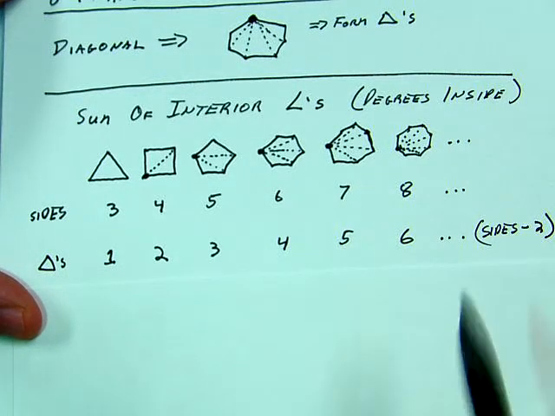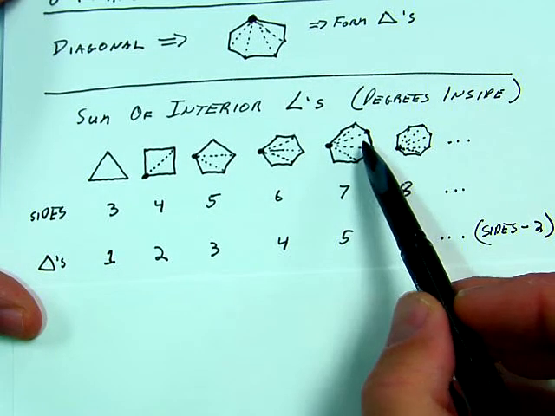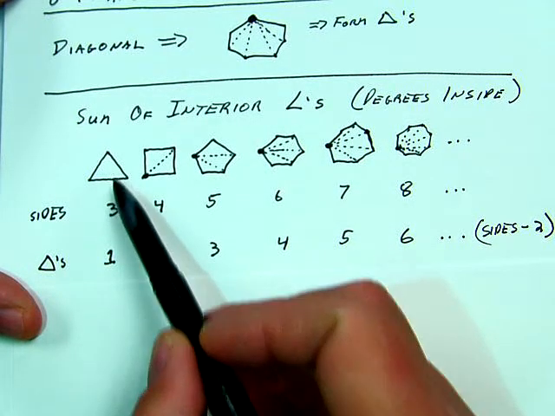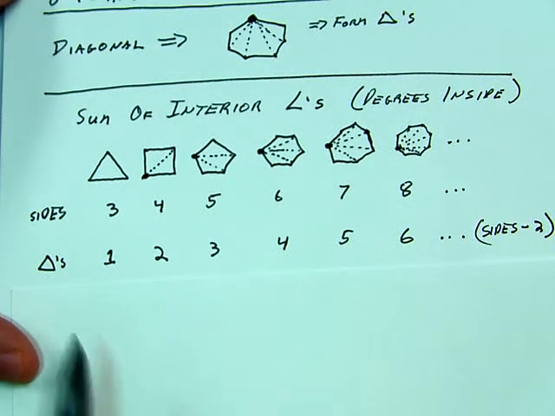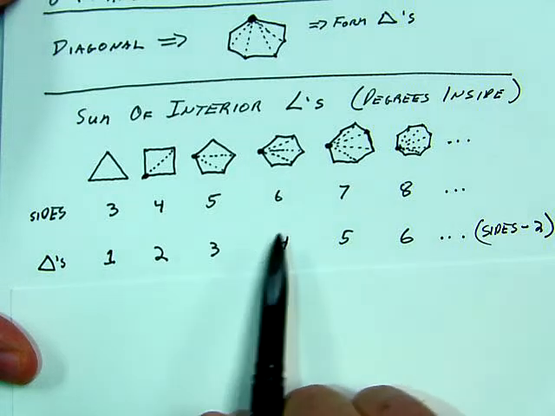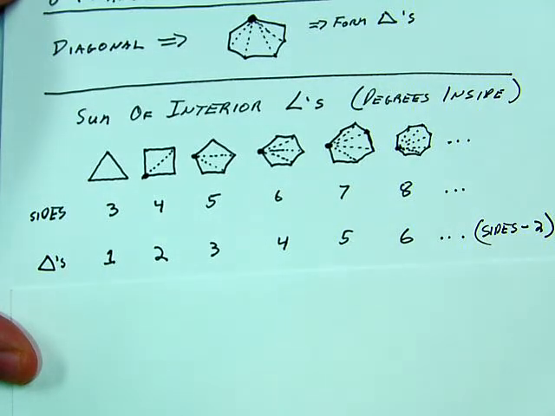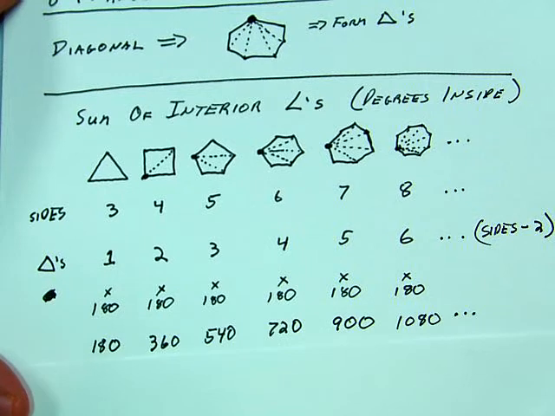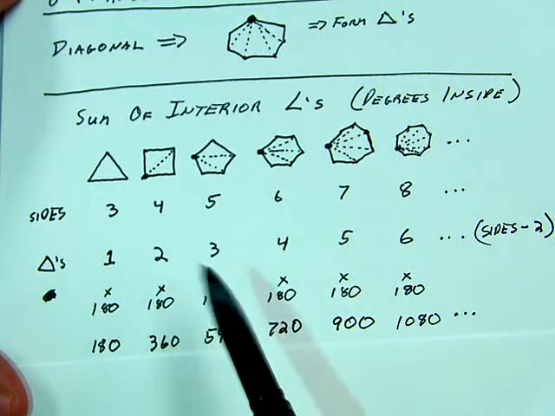Well, if I wanted to figure out the interior angles of that, well, I know that a single triangle has 180 degrees. So if I multiply the number of triangles formed in my diagonal drawings times 180, that'll tell me how many degrees are inside that polygon. And here it is.